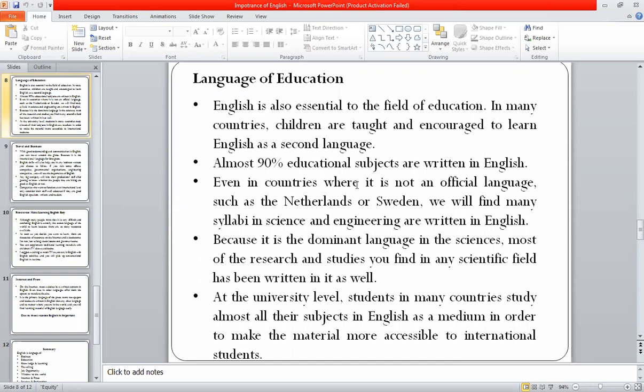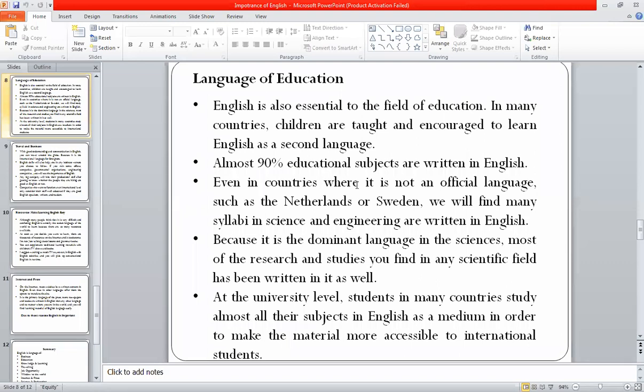So that's the importance this language has. Okay, so it's the most dominant language in sciences field, and also it is dominant in arts field and engineering field also.